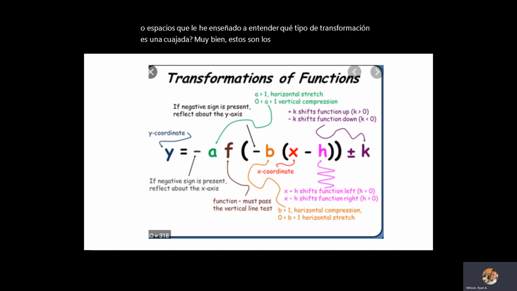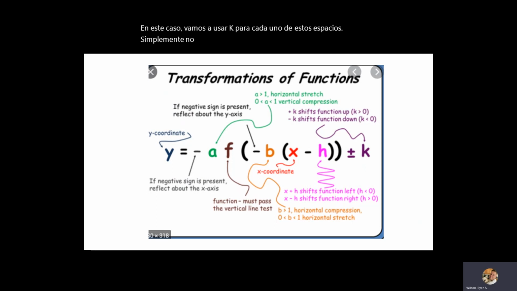They can give you any parent function, and if there's a negative in front of that parent function, it automatically reflects over the x-axis. It doesn't matter if it's a straight line. If I put a negative in front of it, it's going to reflect it over the x-axis. With the letters in front, in this case, they're going to use K for each one of these spaces. They just don't want to use it here.